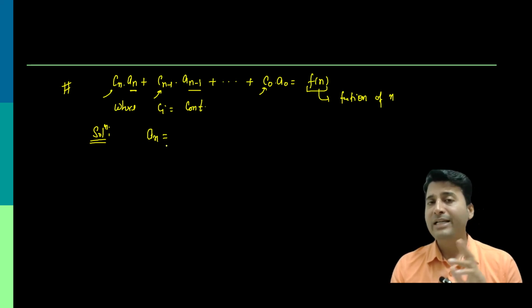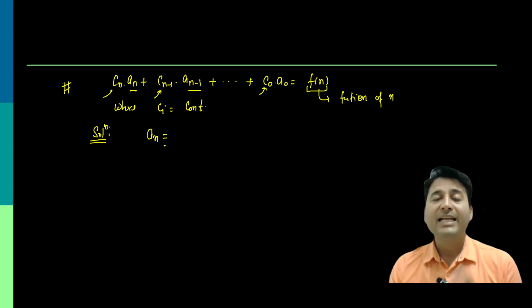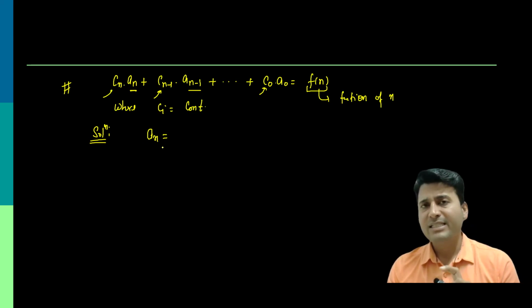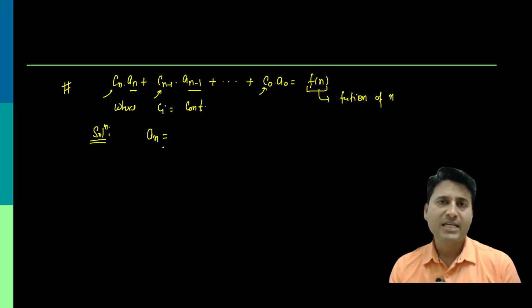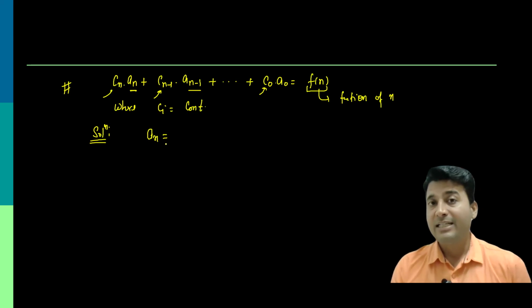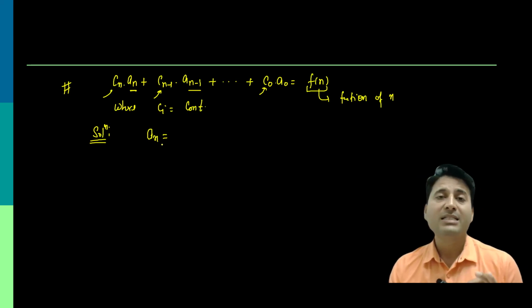Remember the solution of a linear differential equation? Any value of y, meaning the dependent variable, which satisfies the equation is called a solution. And the solution over there is what? Sum of CF and PI.